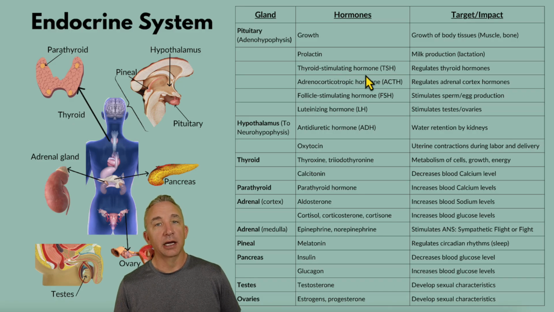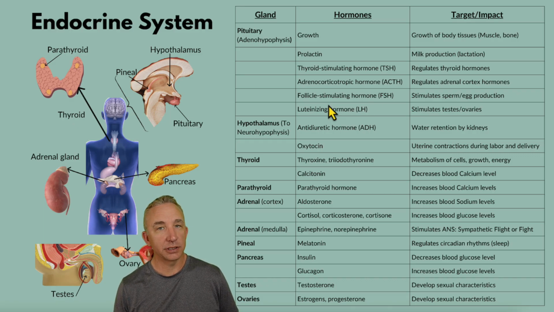When we look at the thyroid stimulating hormone, or TSH, this is referring to how we regulate thyroid hormones. When we look at adrenocorticotropic hormone, we're regulating the adrenal gland, but on the cortex side, which is the outside region of the adrenal gland. And then we get into controlling reproduction.